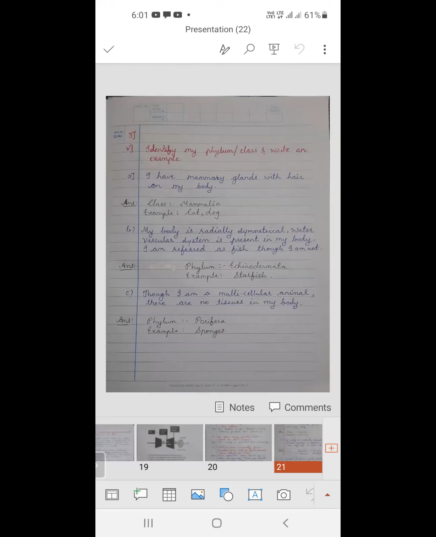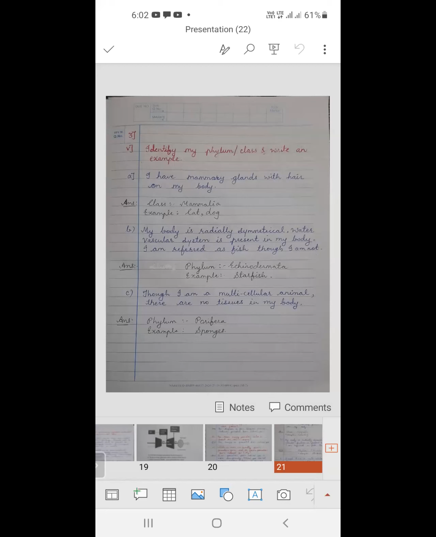So the first question is, I have mammary glands with hair on my body. You have to identify the animal or the class that belongs to this statement. Mammary glands with hair are present in mammals.